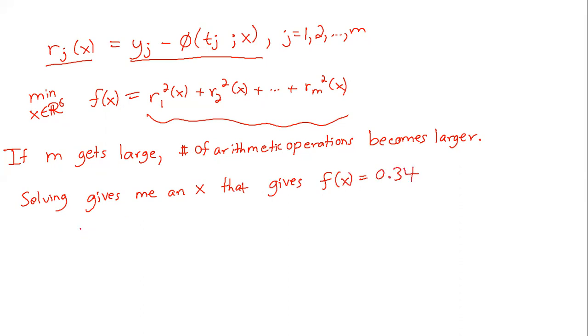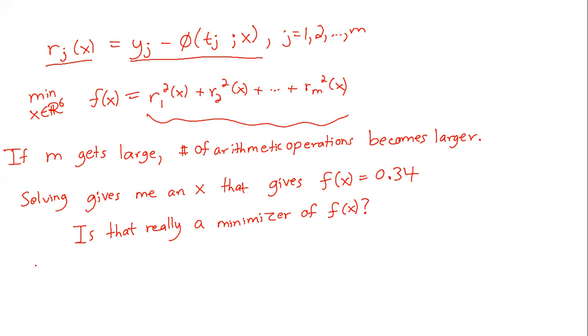So now the question is, is that really the solution? Is that really a minimizer of f of x? It becomes non-obvious at that point because it's clearly not 0, and we know that the minimum of this is at 0. So when it gives me some other number, how do I know, or how do I feel confident that I really found a minimum?